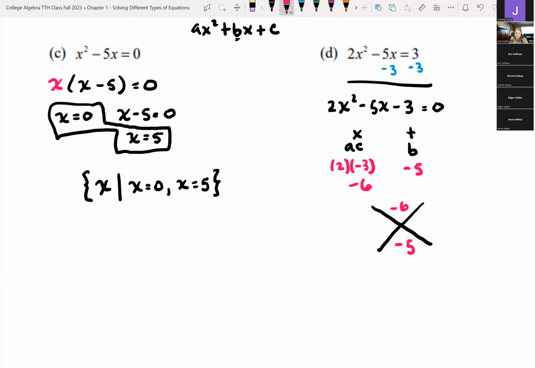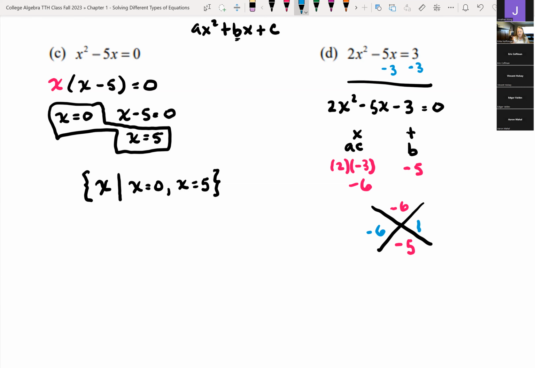I'm multiplying and getting a negative, so one has to be positive and one has to be negative. When I sum those two numbers I get a negative answer, so my larger one has to be negative. I see in the chat, and you're right, the two numbers would be -6 and +1. -6 times 1 is -6, and -6 plus 1 gives us -5.